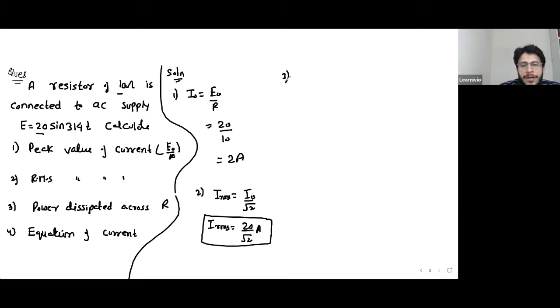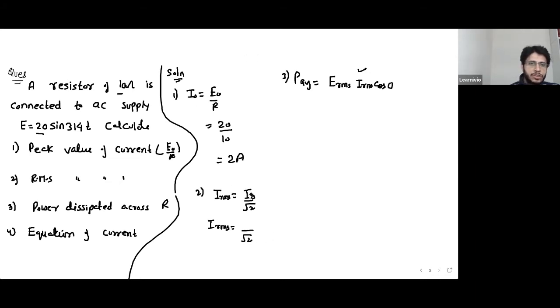Third one, power dissipated. The average power dissipated in the resistor is ERMS into IRMS into cos 0, because the phase difference is 0. I have IRMS. Sorry, I naught is 2.